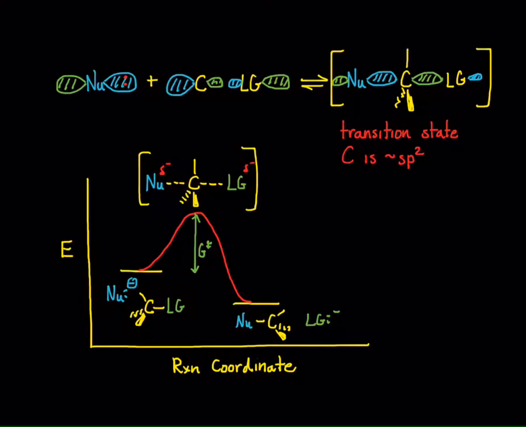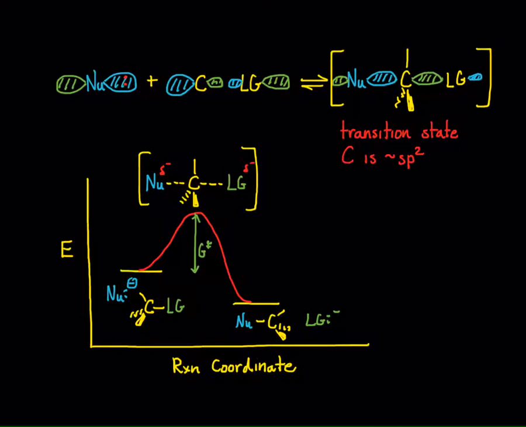So now you get a really cool picture about what's going on. The nucleophile starts to add electrons and form a bond to the antibonding orbital of that carbon leaving group, and as it does so, it breaks the carbon bond between it and the leaving group. So that would be the transition state. We call this a pentacoordinate transition state.